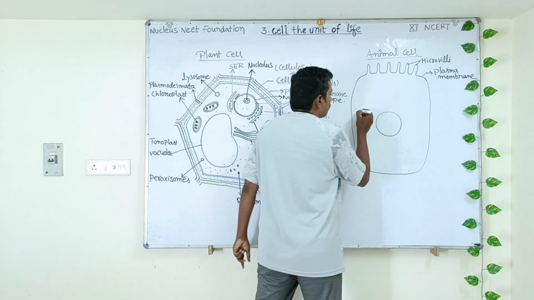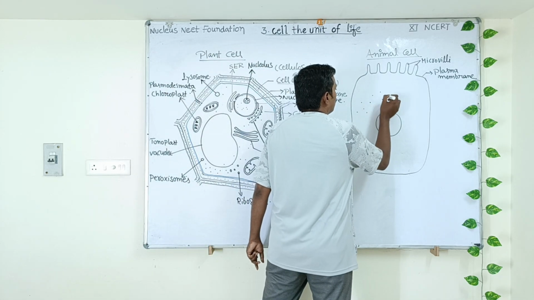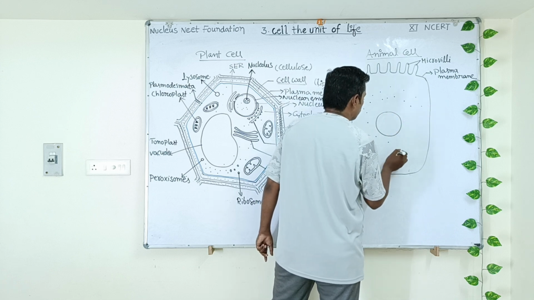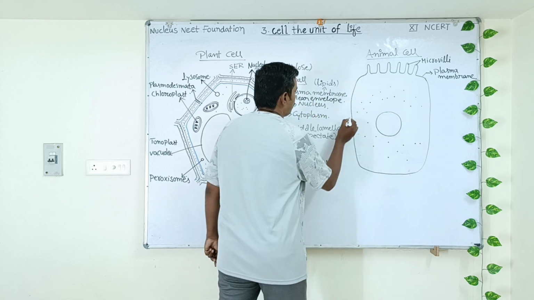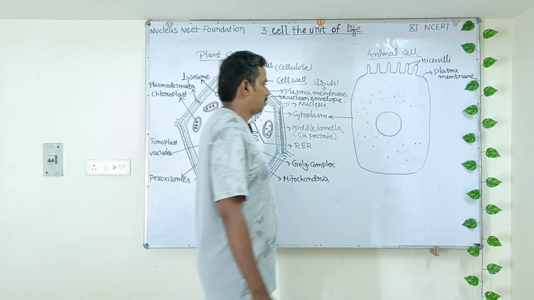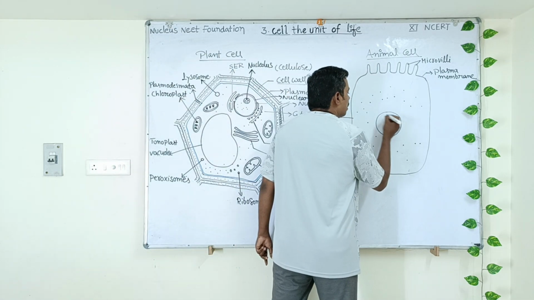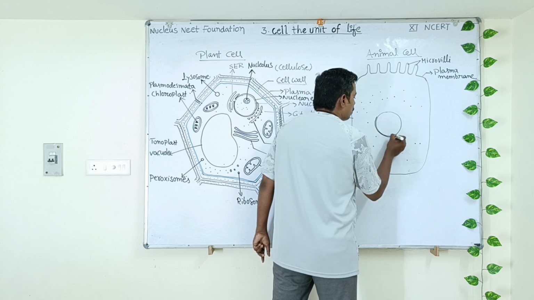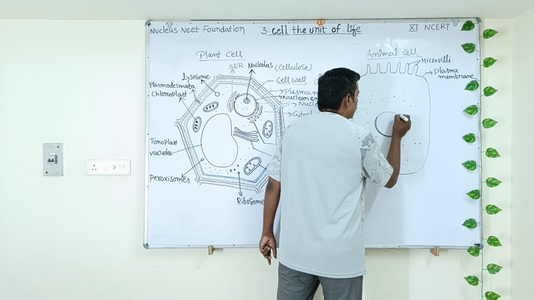And below the plasma membrane, you can see the fluid matrix which is called cytoplasm. And the nucleus, as usual, is covered by a membrane called the nuclear envelope.